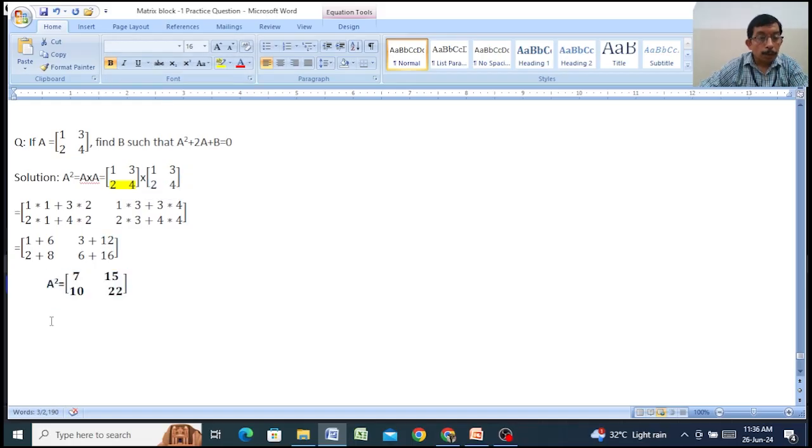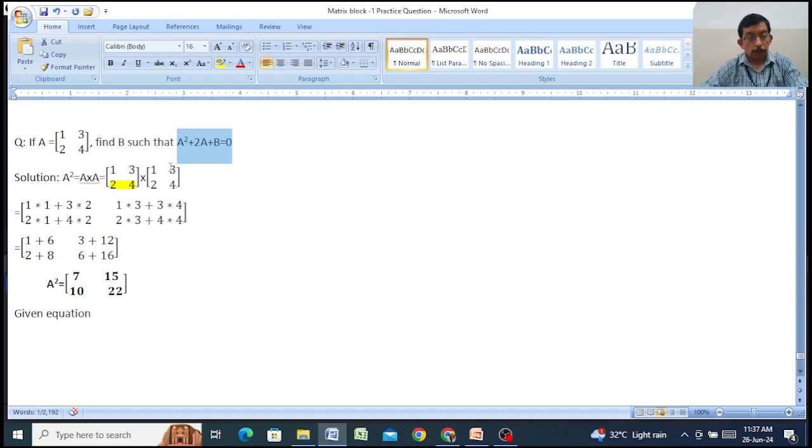Now the given equation. What is the given equation? A square plus 2A plus B is equal to 0.